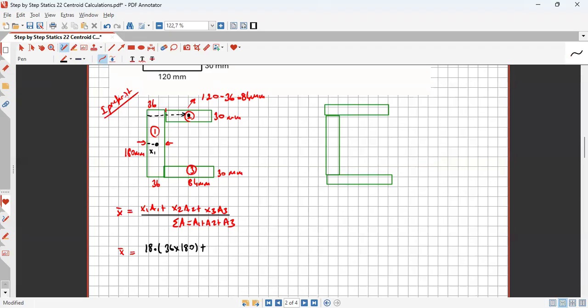It means this length is x2. Here is 36. Moreover, we have this length, 84 over 2, it equals 42 millimeters. It means x2 is 36 plus 42, which is 78 millimeters, times our second area, which is 30 times 84.